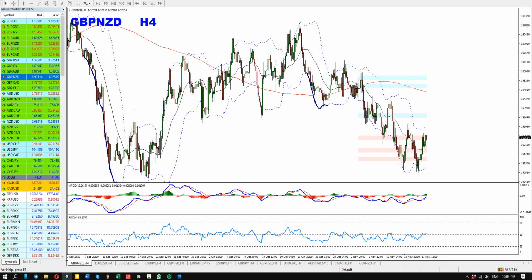Okay, so that's the pound New Zealand. Those are the three tips I wanted to share with you when you trade trend trading. Specifically, in this example, it was with the hidden divergence, but of course you can apply that to any type of strategy. The tips are also useful with different methods.